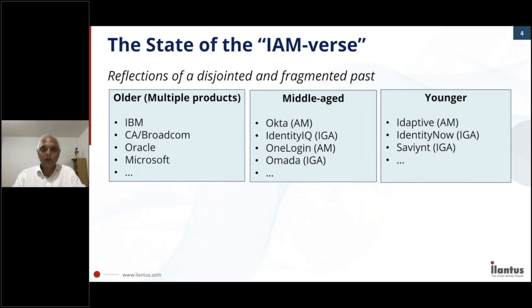So if you look at the IAM universe today, this chart pretty much sums it up, that you've got three generations of products available, but pretty much all of them have one thing in common. Either they happen to be part of a suite, which is multiple products from the older generation, which kind of claims to offer everything in IAM, but is all very disjointed and doesn't have anything great to offer, whether it's the user experience, a single dashboard, or the functions themselves interacting with each other.